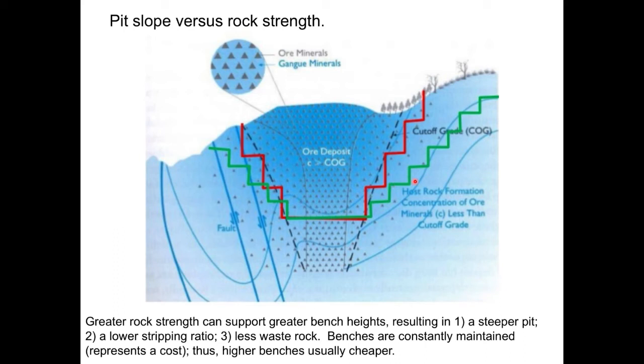So greater rock strength allows you to build steeper benches, which means that you reduce the overall amount of overburden. So you have, as I say here, a lower stripping ratio and less waste rock, which means that it's overall cheaper and more profitable.